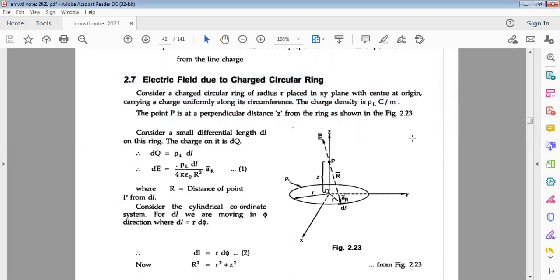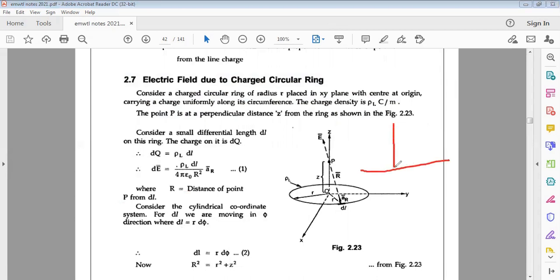Now consider the cylindrical coordinate system for dl. We are moving in the phi direction, where dl is equal to r into d phi. Why is it so in the cylindrical coordinate system?